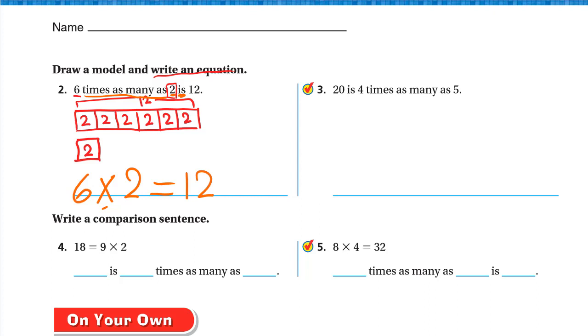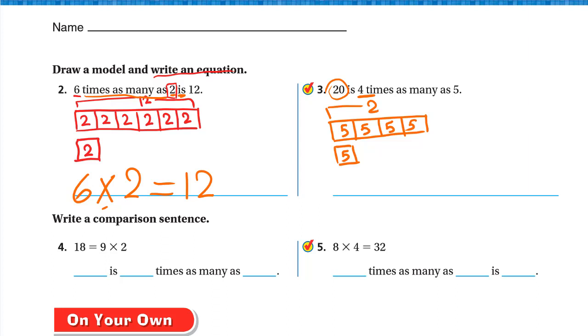Okay, so number 3, 20 is 4 times as many as 5. So first we'll draw the 5. And we need to draw 4 of these 5. So 4 5s will be like this. Okay, so 1, 2, 3, 4 5s. 5, 5, 5, 5. And these are 20.